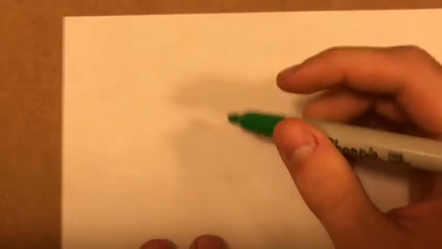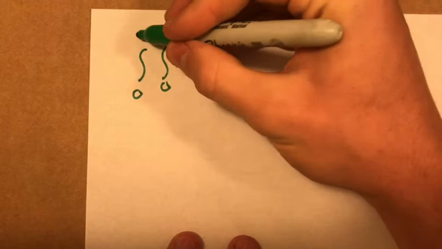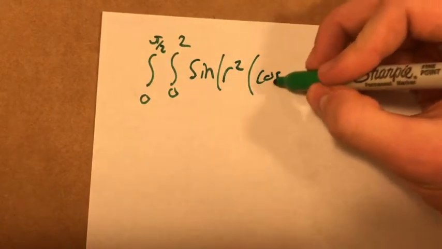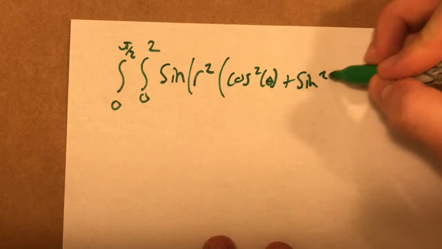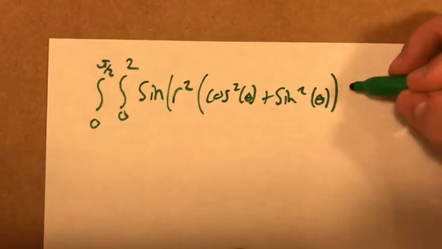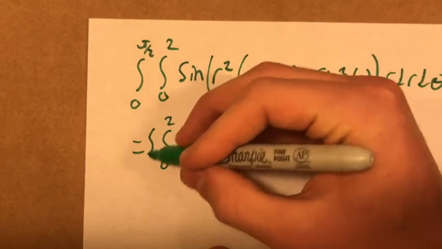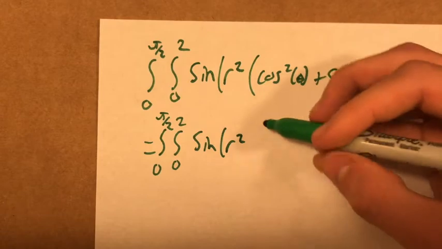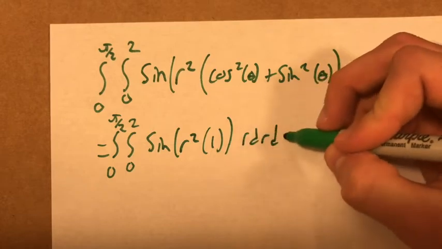When we factor out an r squared, it's going to be sine of r squared times cosine squared theta plus sine squared theta, r dr d theta, which is equal to the integral from 0 to 2, 0 to pi over 2 of sine of r squared, and using our trig identities, this is equal to 1, r dr d theta.